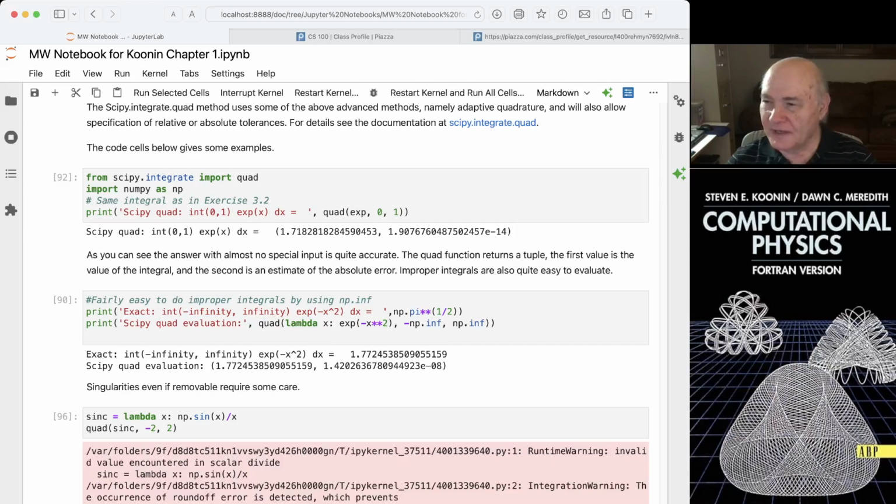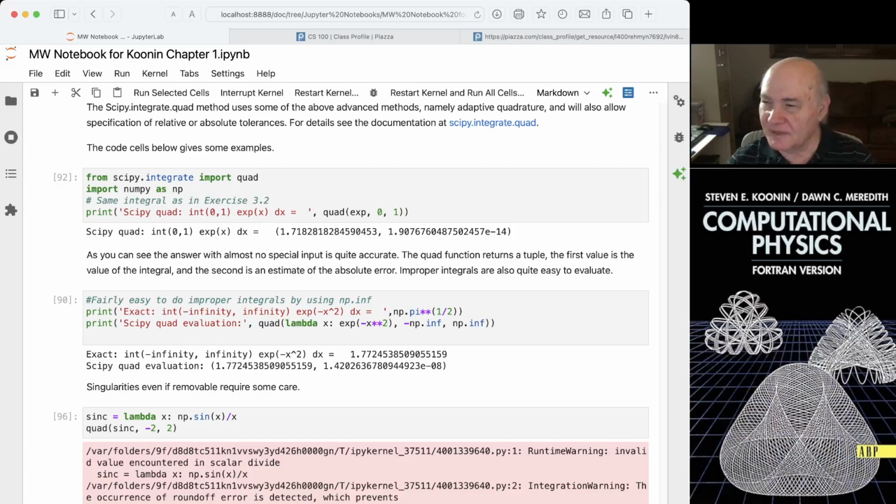For instance, to do that integral that we were doing earlier, it's just quad, parentheses, exp is the function, the exponential function. This is actually the math exponential function. I could have imported the numpy exponential function, which I think goes faster. Integrate from 0 to 1. You do that, you get the answer right away.